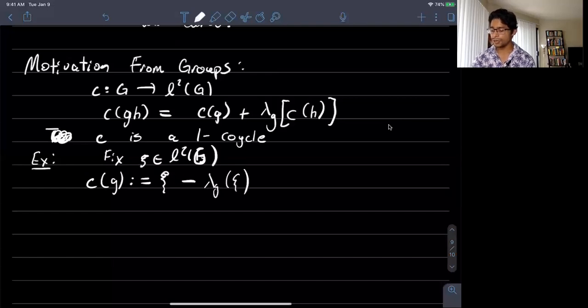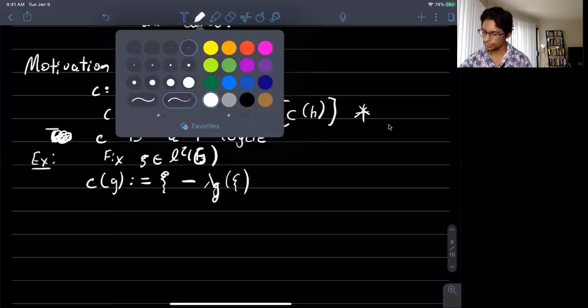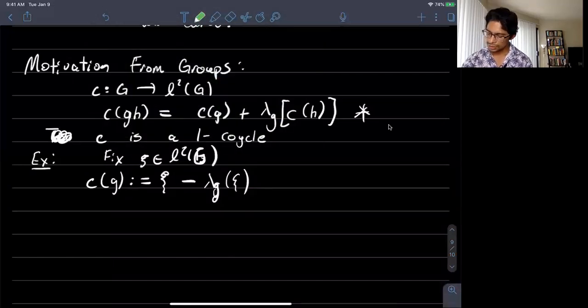And you can check that this formula defines a function with the property here. Notice that there's this fixed vector here.